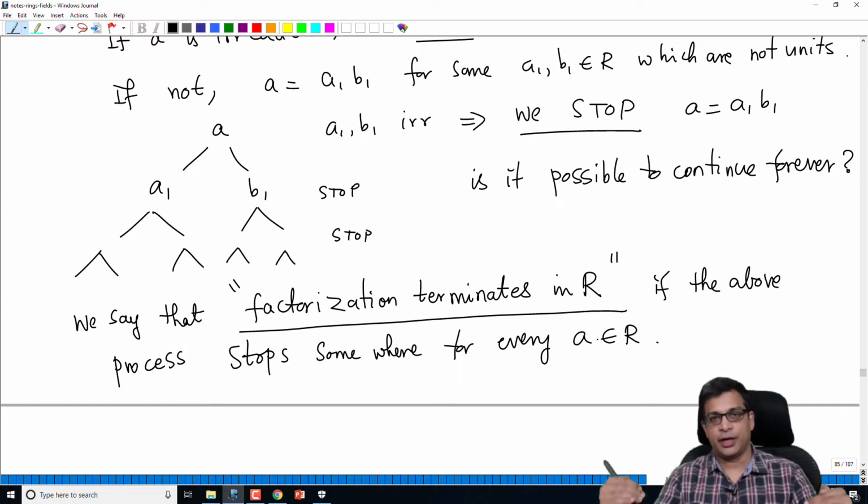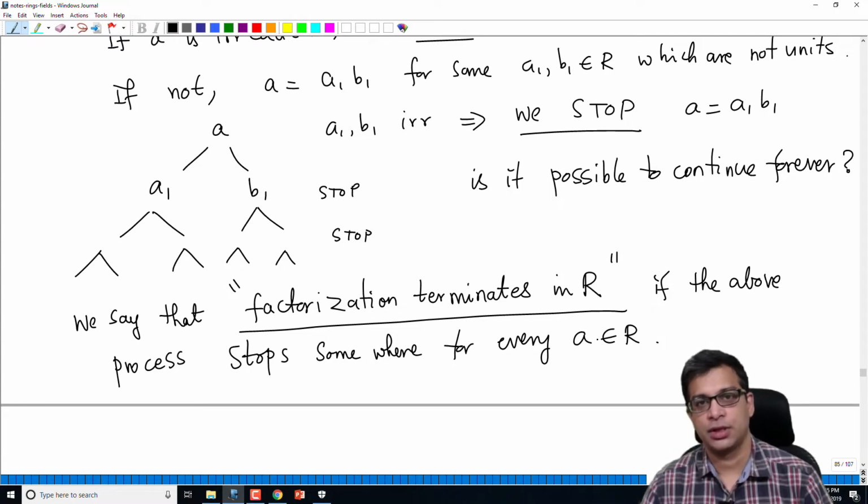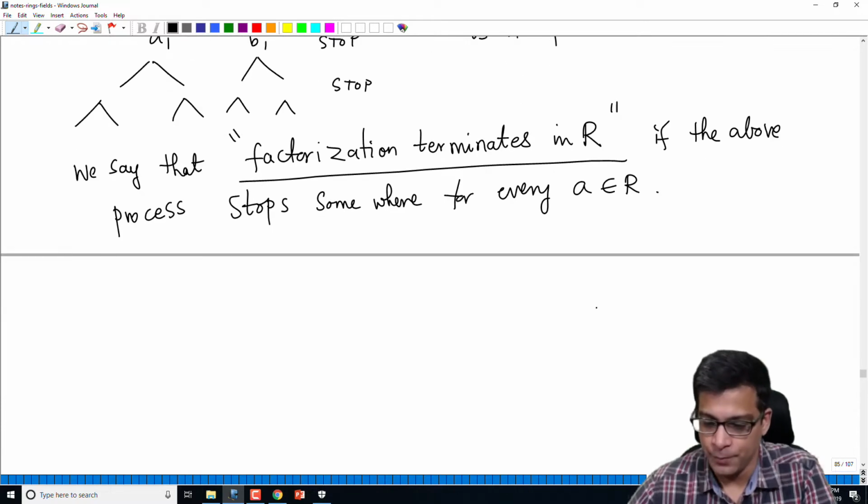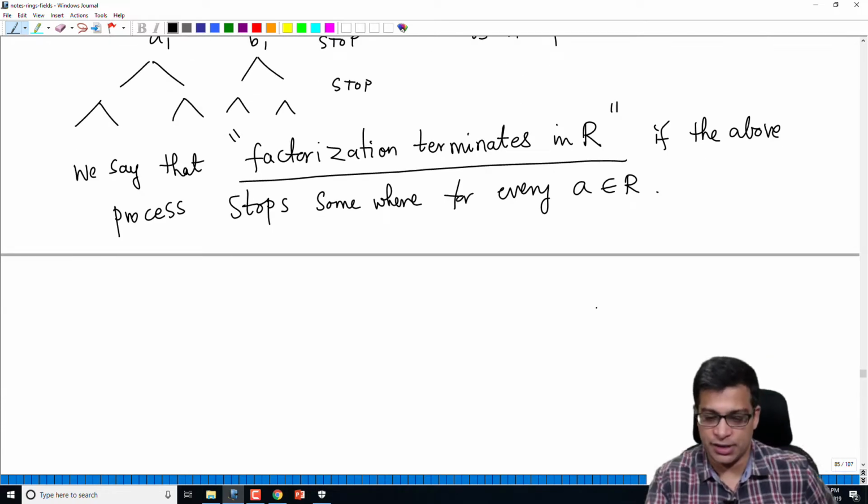If not, we factor it. If the two factors are irreducible, we stop. If not, we continue. We factor those two and then keep continuing. Suppose it stops somewhere for every element in the ring, then we say that factorization terminates in R. So that's a phrase. It's a property of a ring.